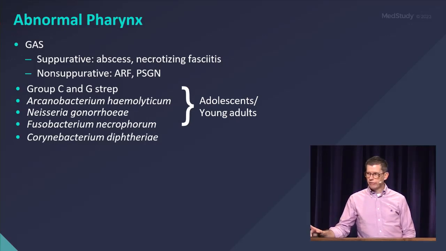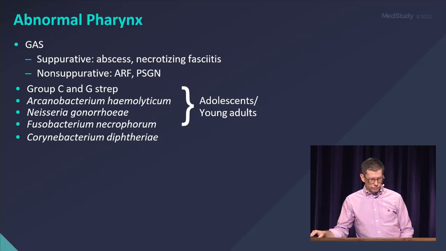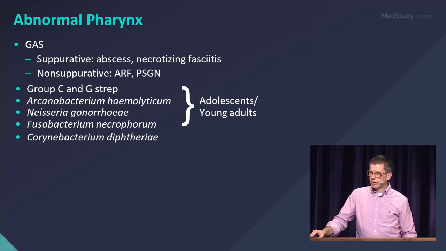As a reminder, rheumatic fever has the Jones criteria, right? The polyarthritis, erythema marginatum, chorea, carditis, and subcutaneous nodules. And then you can also have post-strep glomerulonephritis. Just remember that group A strep skin soft tissue infections can lead to post-strep glomerulonephritis, but not acute rheumatic fever.